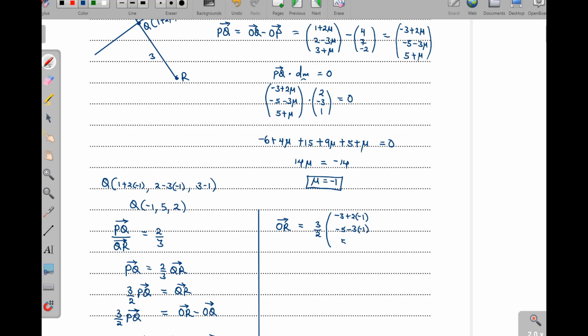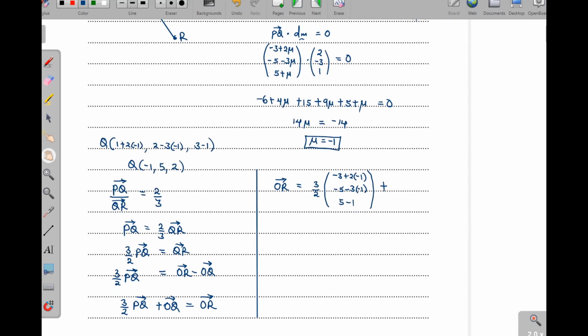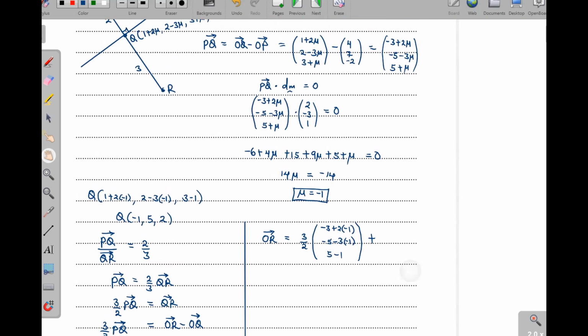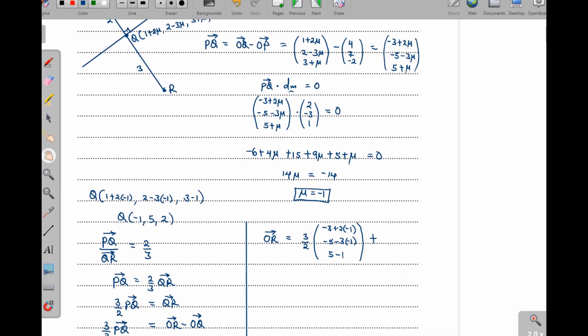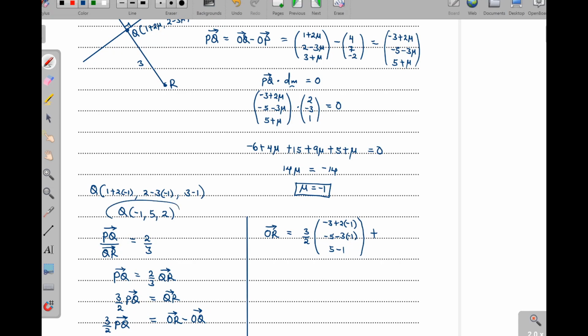Then we have 5, then minus 1, okay? Then plus, I think here we are having OQ, yes, plus OQ, but our OQ, already we got the coordinates here, so that will be negative 1, then 5, then 2.